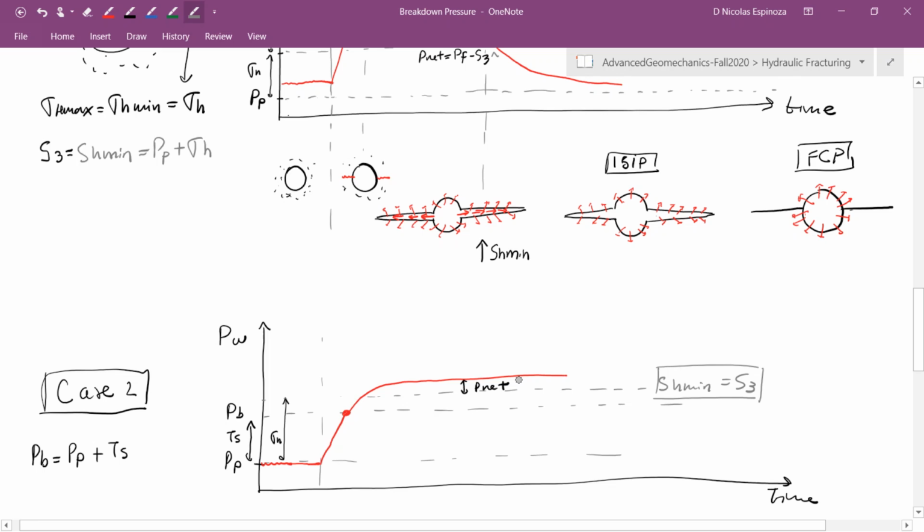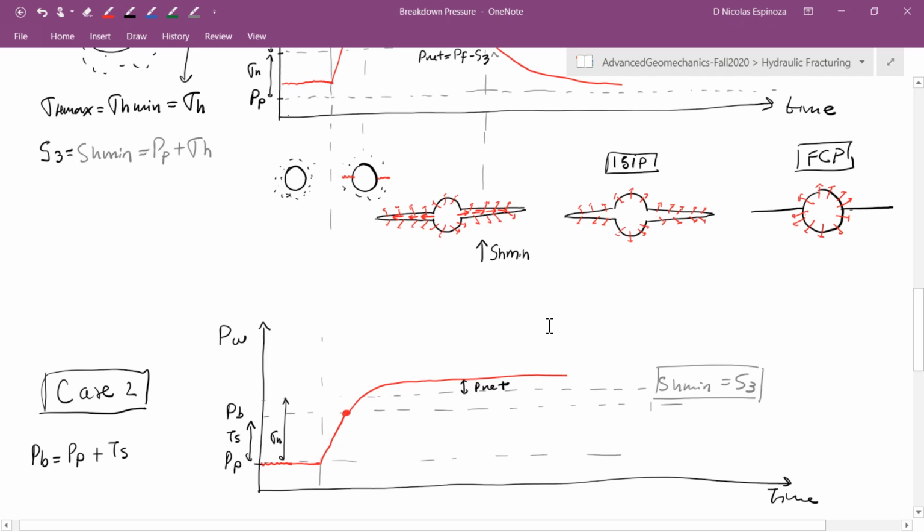We call that the net pressure. But eventually I could go without a defined peak as I had before, because now the stress anisotropy is making it easier for this fracture to form. And eventually I could even have the rock fracturing in tension at the wellbore before I get to the fracture propagation pressure. And that's because of the effect of the stress anisotropy.